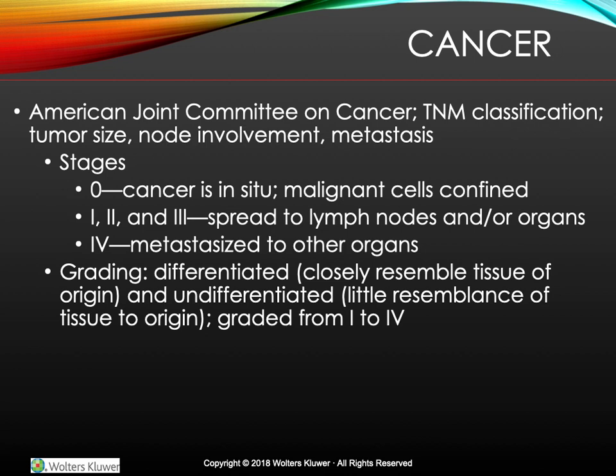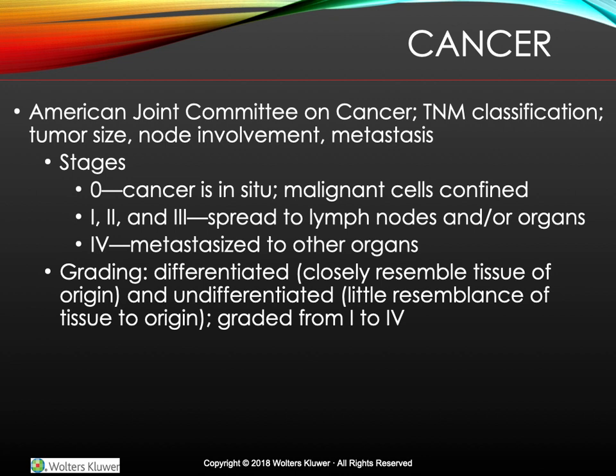Stage 1. This stage is usually a small cancer or tumor that has not grown deeply into the tissue. It also has not spread to the lymph nodes or other parts of the body. It is often called early stage cancer. Stage 2 and Stage 3.